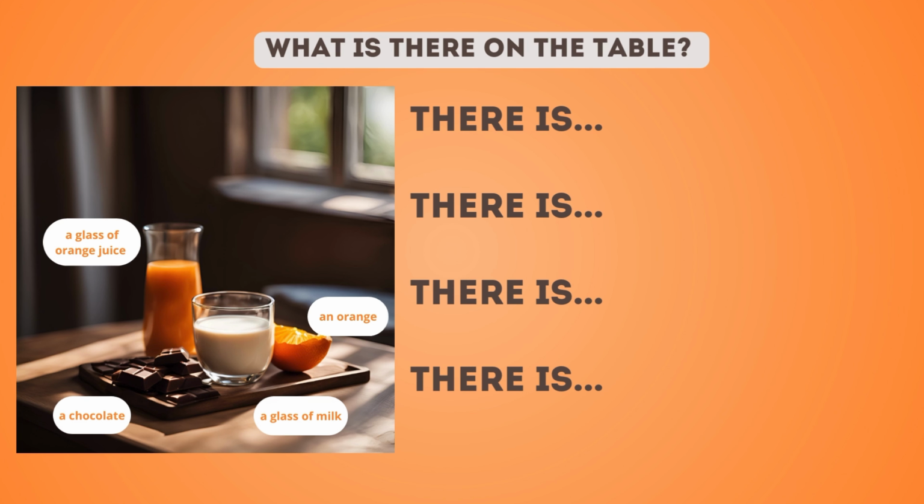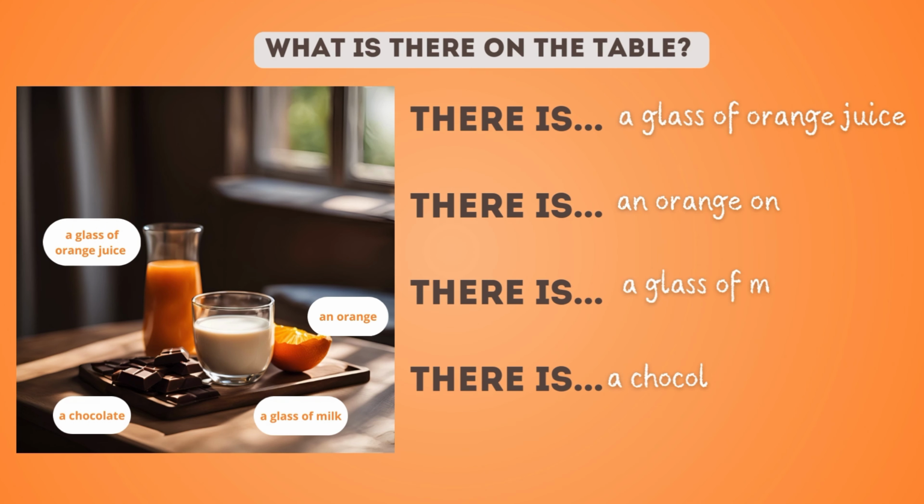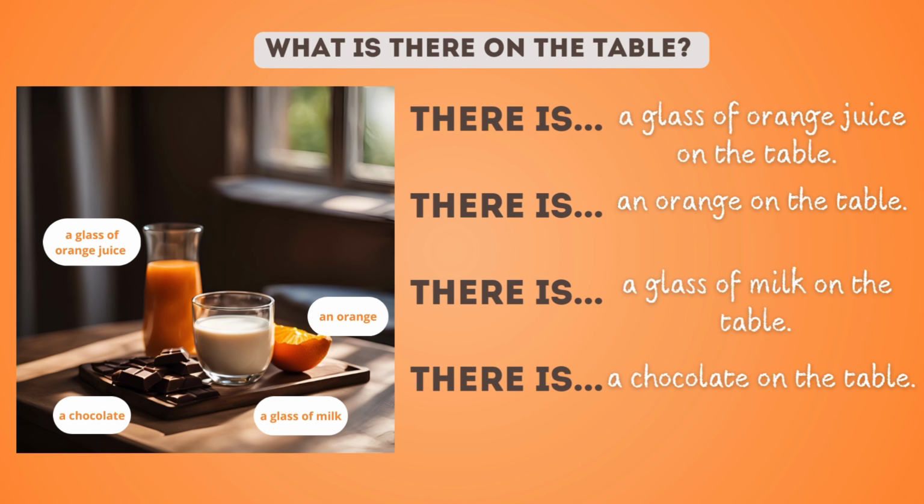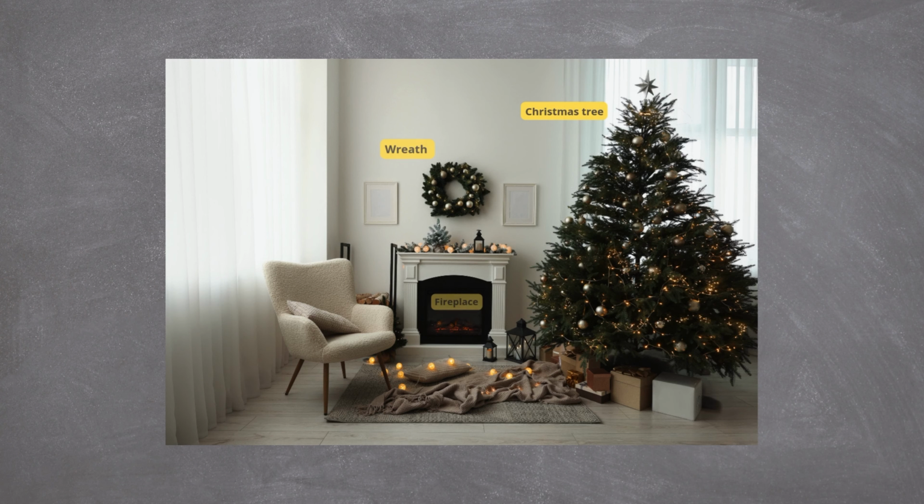What is there on the table? What is there in the living room?